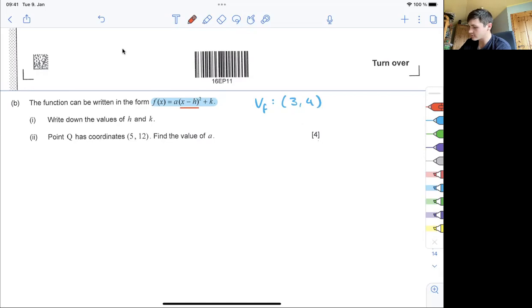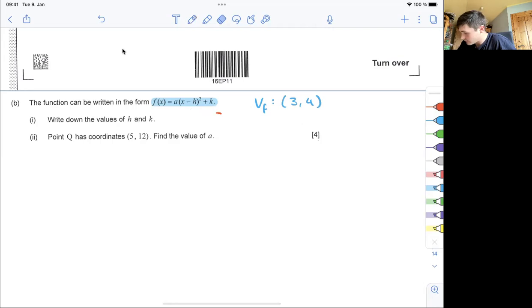An expression squared is always going to be more than or equal to 0, so the smallest value it can take is 0, and therefore the smallest value that f(x) can take is 0 plus k. So if we find the value of x that makes the bracket equal to 0, then k will be the y value and will be the minimum point, or the vertex.